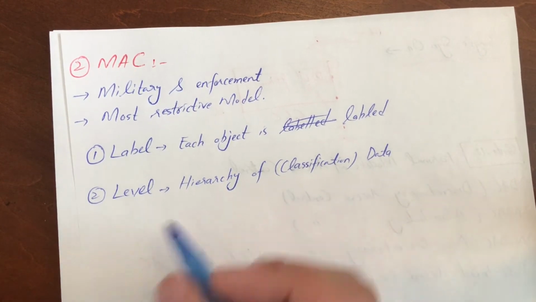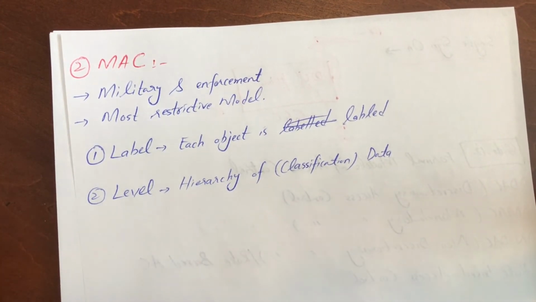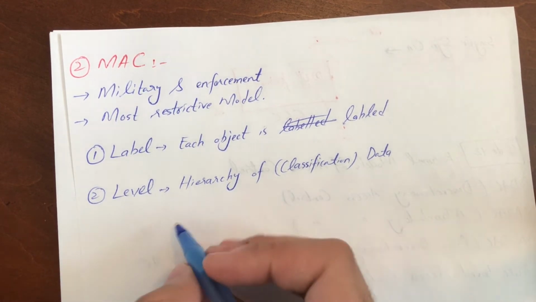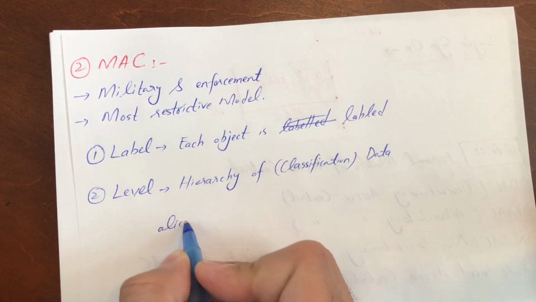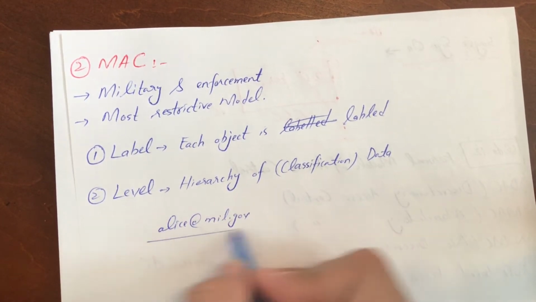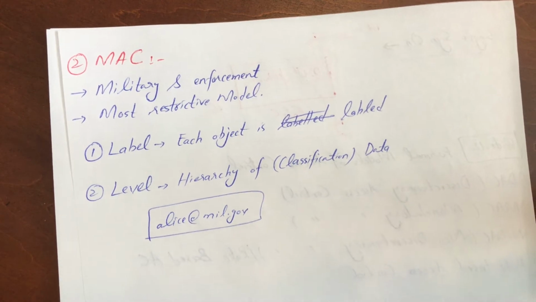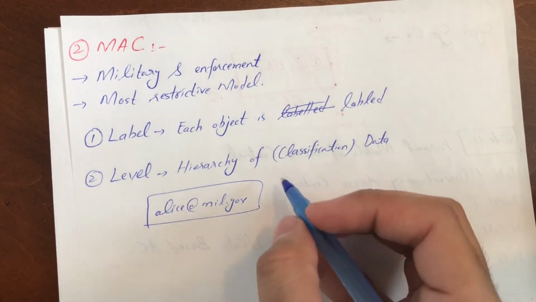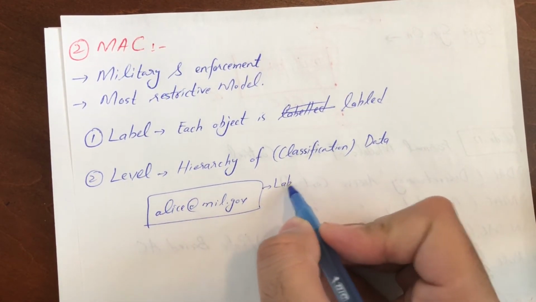So a label, let me give you a better idea to understand the label. In mandatory access control model, for example, you have a user account, let's say alice@mil.gov. After specific security clearance, you will be issued a number of labels.